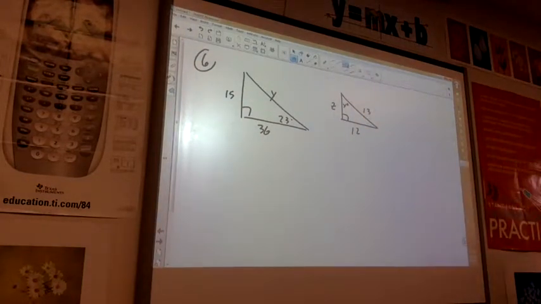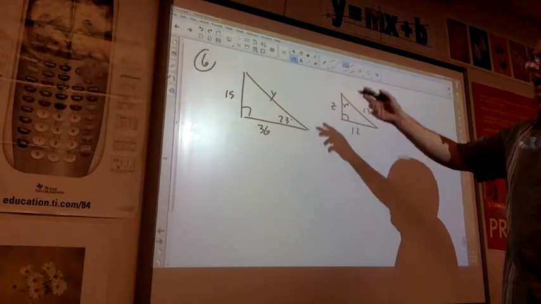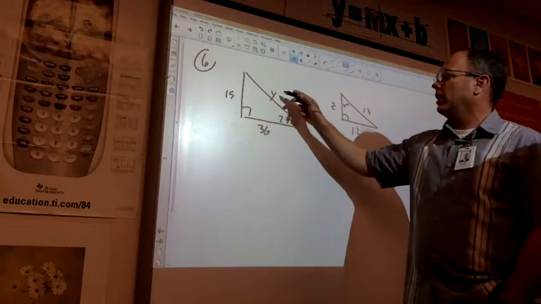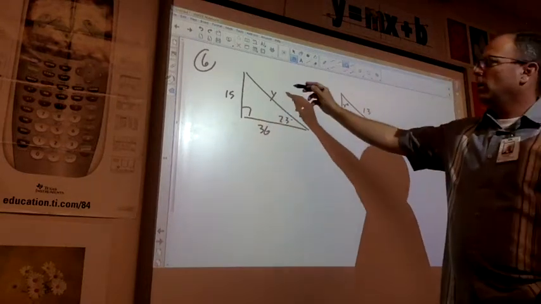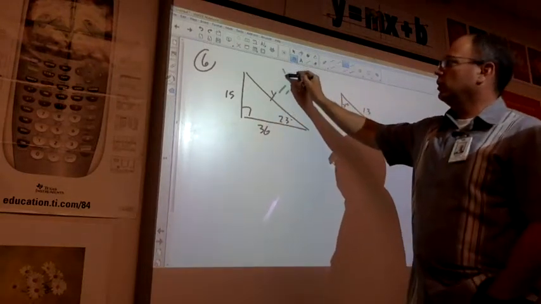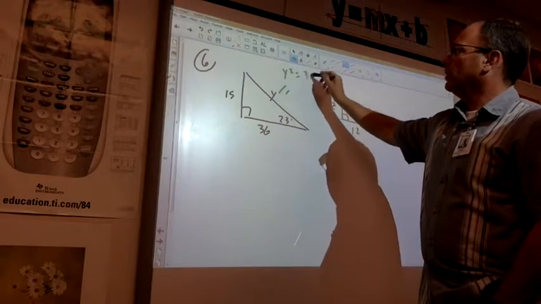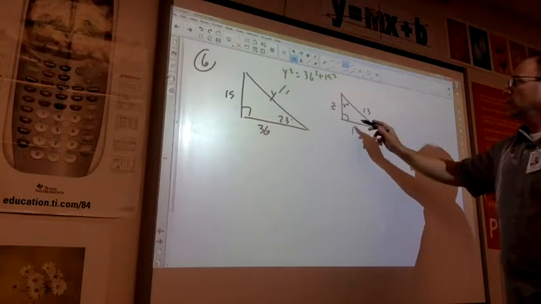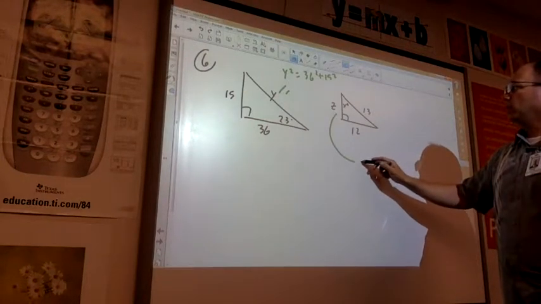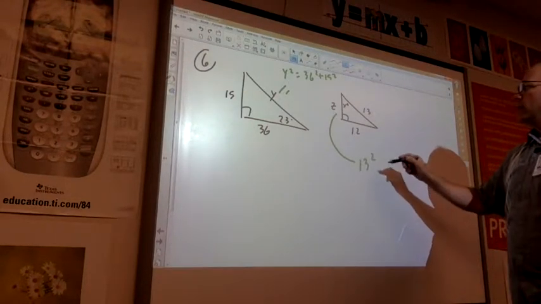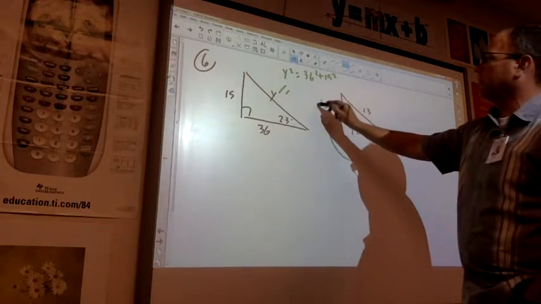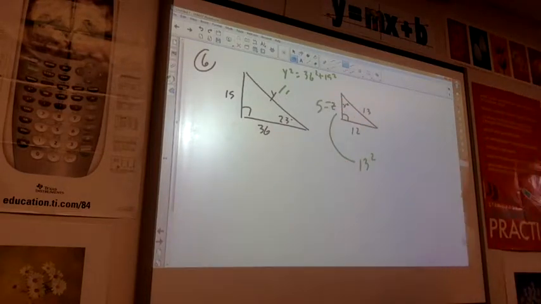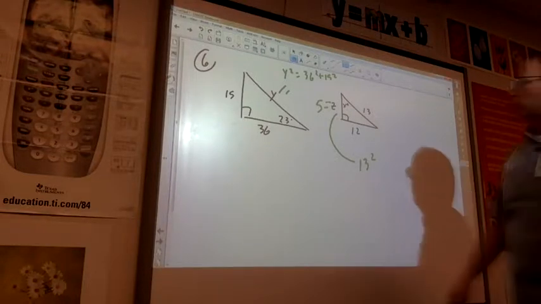All right. So we can find our last thing here by the Pythagorean theorem. You know that y squared is equal to 36 squared plus 15 squared. I'm not going to work that out for you. You know that z has to be 13. That's going to be 5. That's the 5, 12, 13. That means everything's tripled.